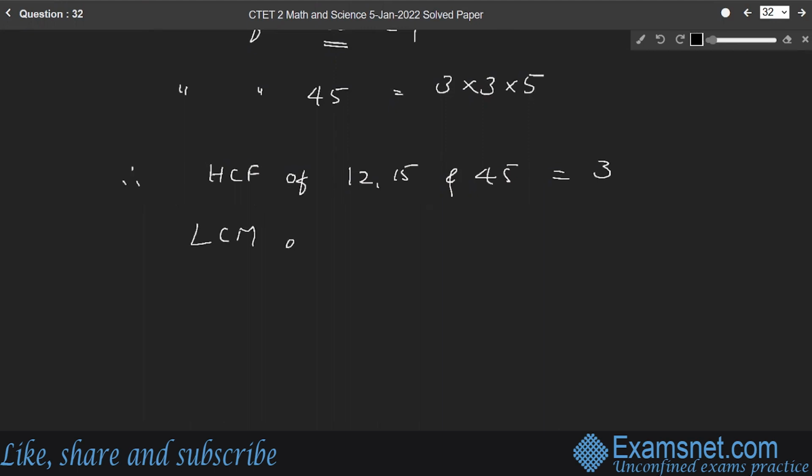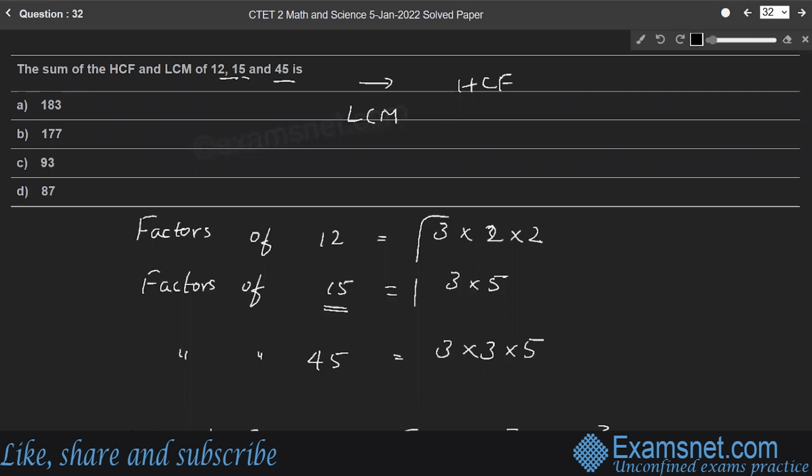The LCM of 12, 15 and 45: 3, 2, 2 are the factors of 12, whereas 3 and 5 are the factors of 15. So let us write the 5 separately. 3, 3 and 5 are the factors of 45. So 3, 5 is common for both 15 and 45, and one more 3 separately.